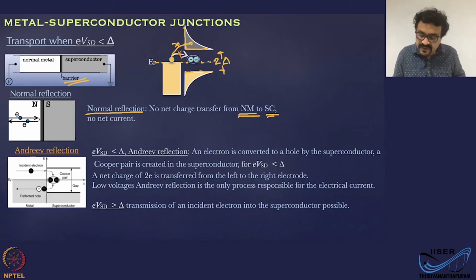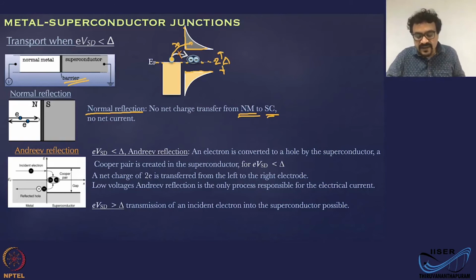So this is the only process you can have when the applied voltage is less than the energy gap. This is the only process of transport. But when the voltage, or energy due to the voltage, is above the superconducting gap, this process is always allowed.